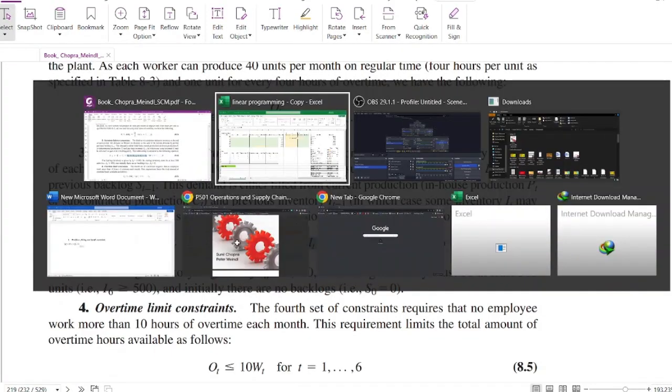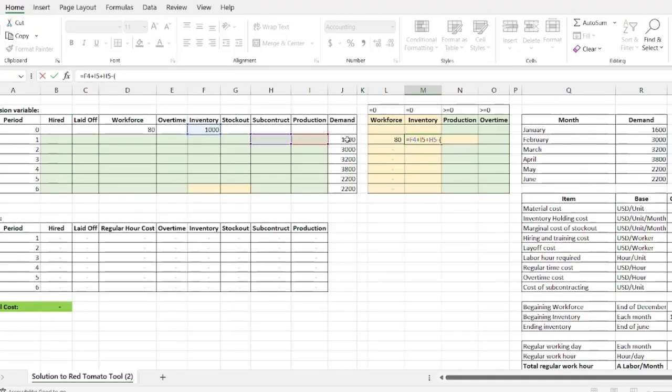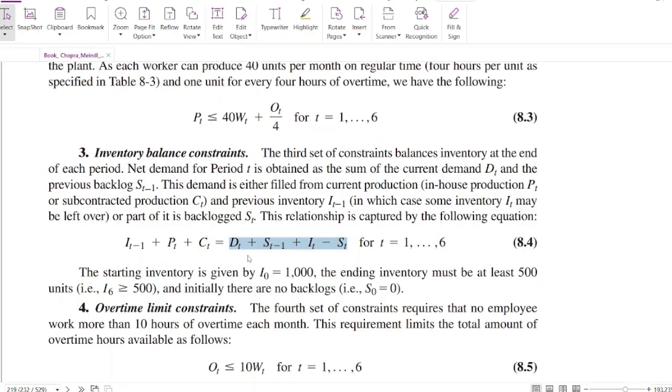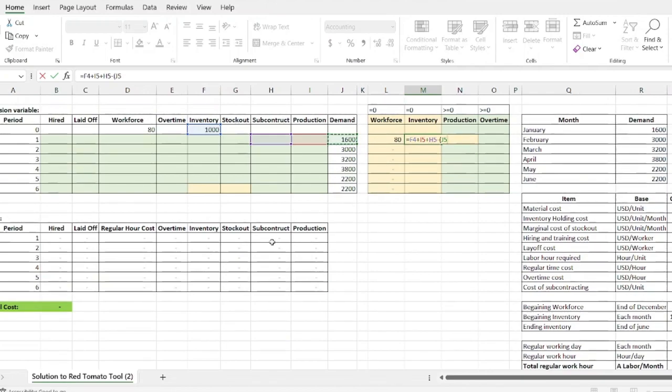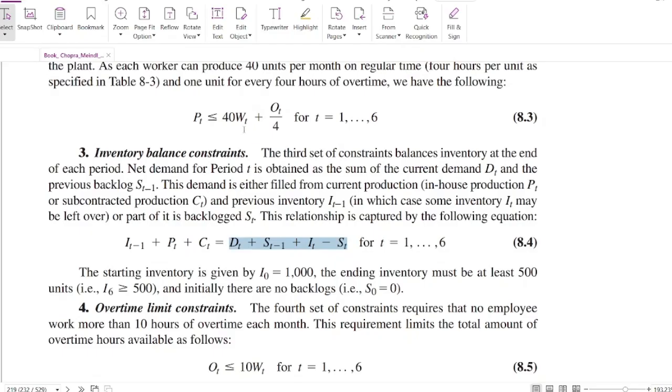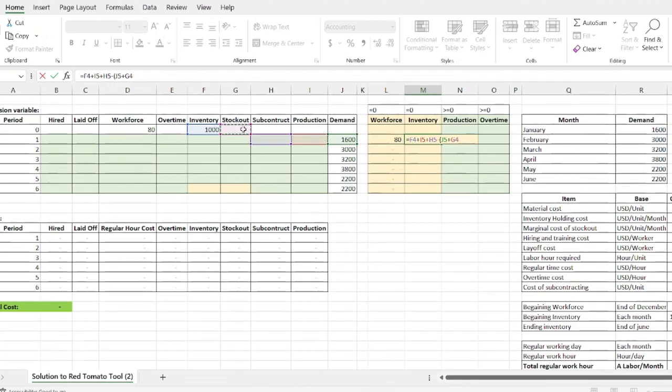So what is DT? DT is the demand, this month's demand. Then what? Current month's stock out. Sorry, last month's stock out. This is P minus 1, which is last month's stock out. So it would be plus last month's stock out plus current month's inventory. Then what?